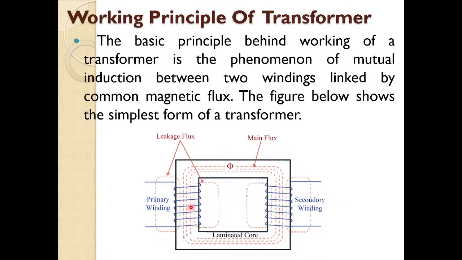Whatever flux travels from primary to secondary is our useful flux. Whatever flux is leaking in the air is our leakage flux. The induced EMF across the primary is E1 equal to N1 into d phi by dt, and the induced voltage across the secondary is E2 equal to N2 into d phi by dt.